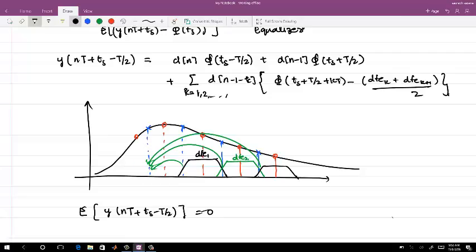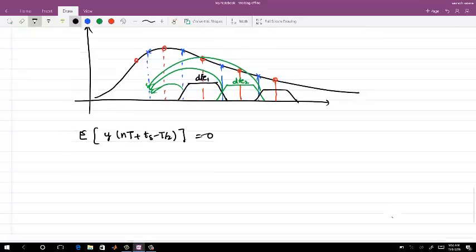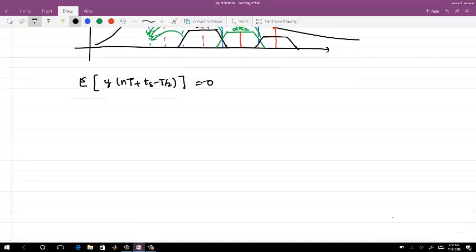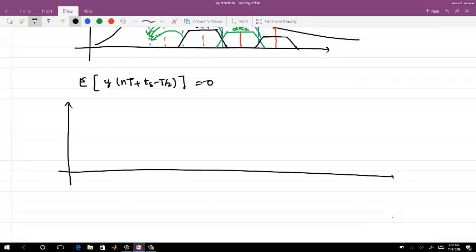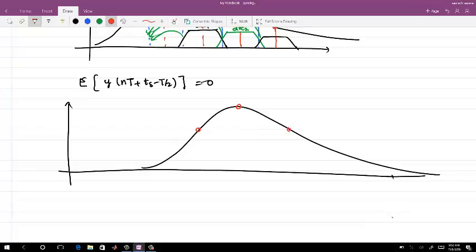Did you get that part? Let's plot it. Let's say this is the one which you are considering. And what happened due to the previous bit? Let me mark that too, here and here, and this one, this one.